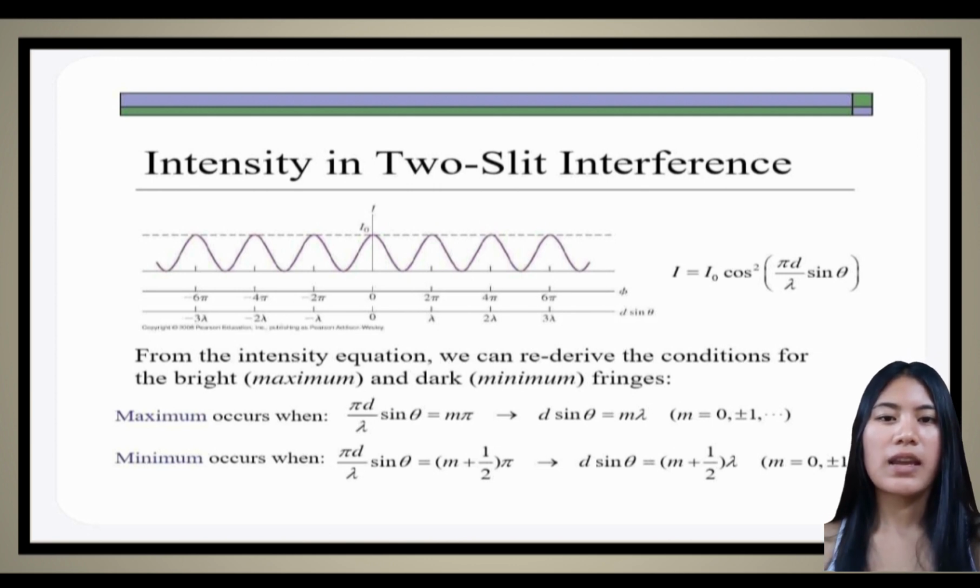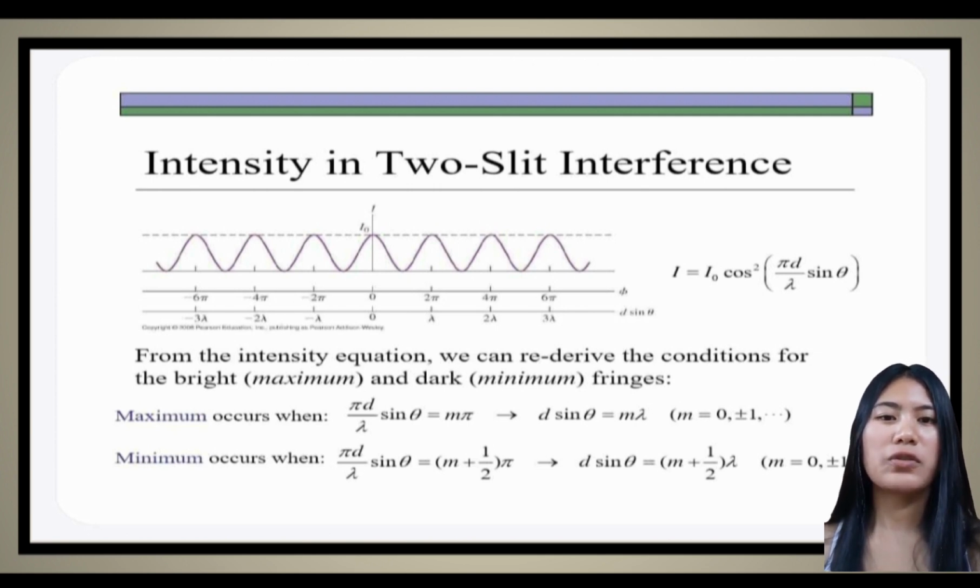In the context of two-slit interference in physics, intensity refers to the brightness or energy per unit area in the resulting interference pattern on a screen.